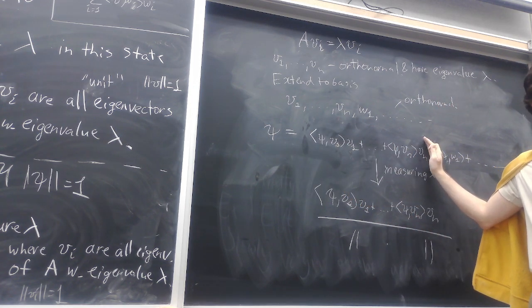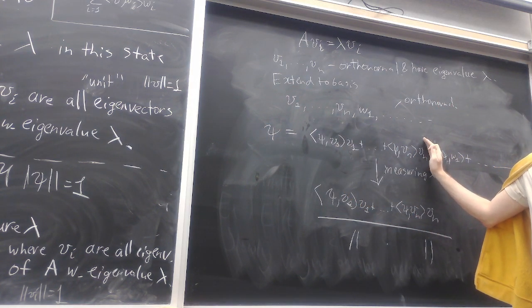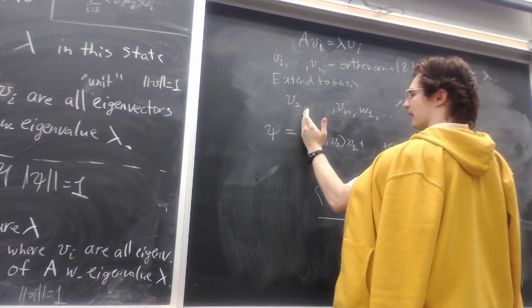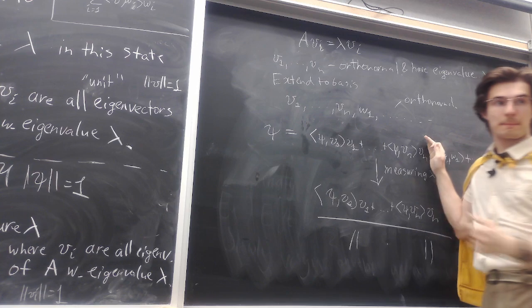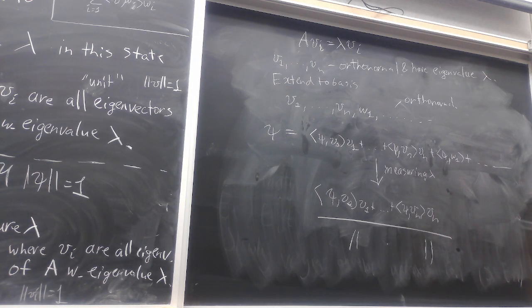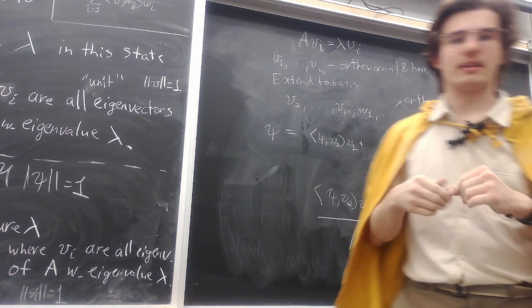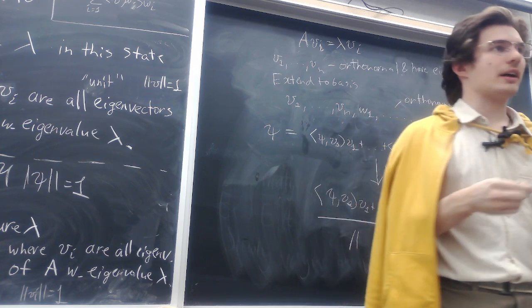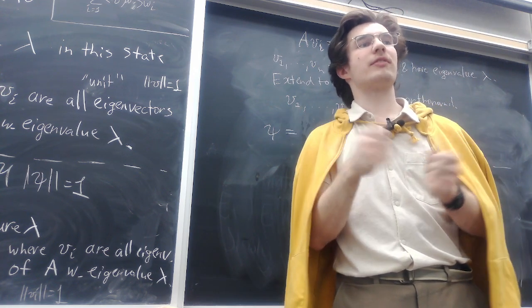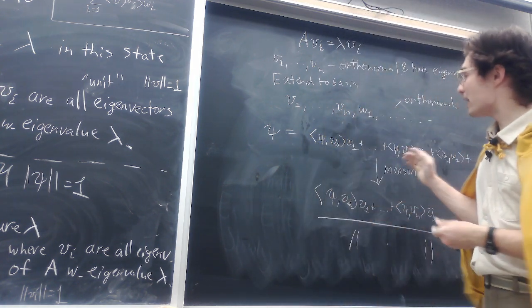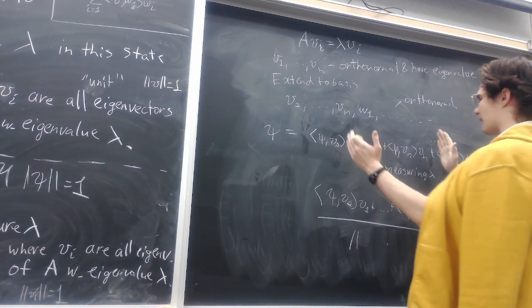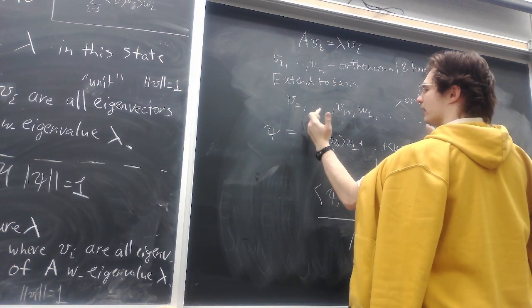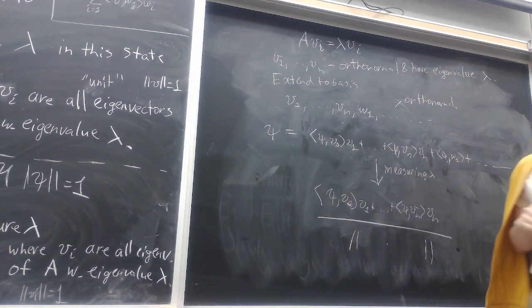If I measure lambda in the real world, then the state collapses into something that could only ever give me lambda. Initially, in my state, I could have a probability to measure multiple different things. But once I measure my state to have lambda, then the state collapses and turns into something that only gives you probabilities to measure lambda and nothing else.